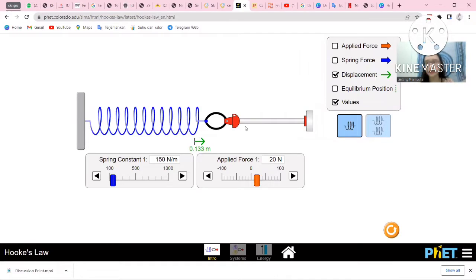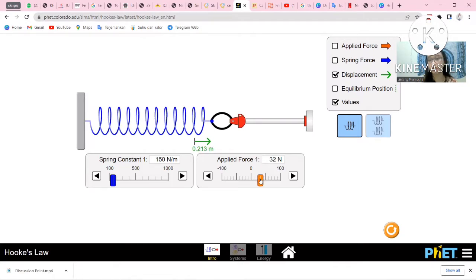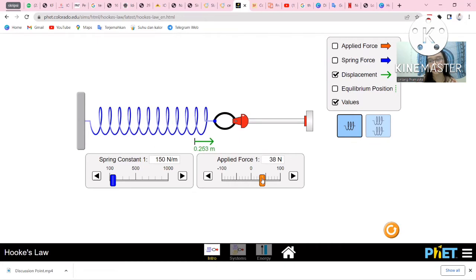So we can see that there is the displacement of the spring, and the value is 0.133 meter. And when we add more force, we apply 40 Newton.